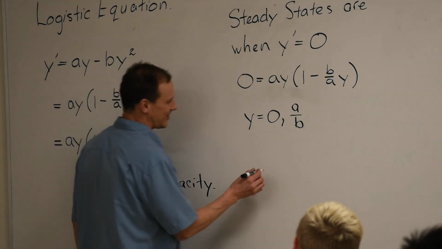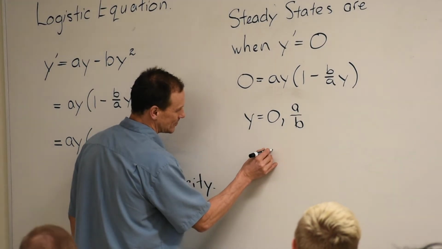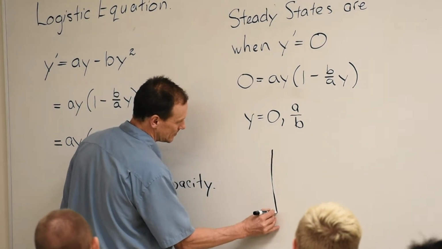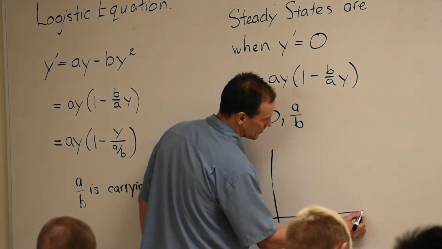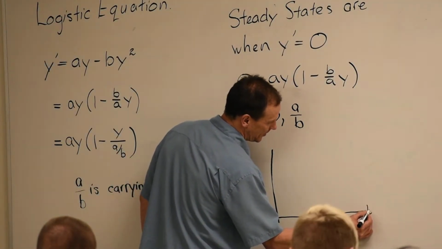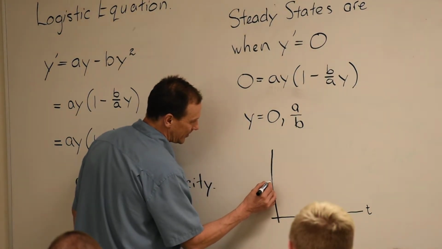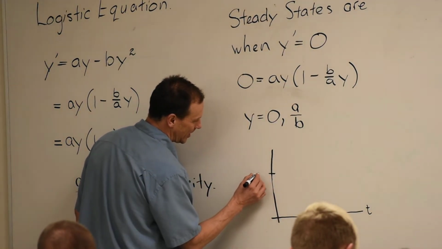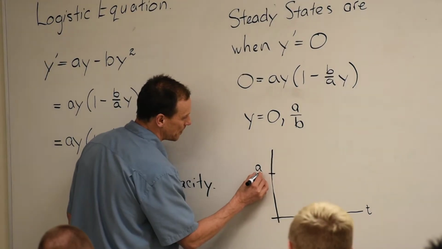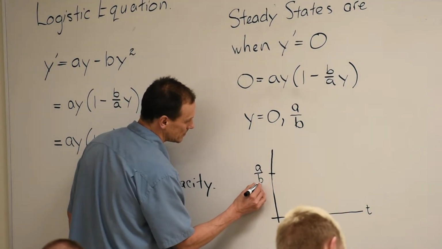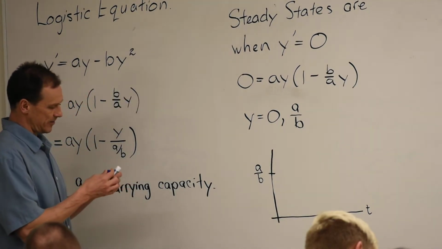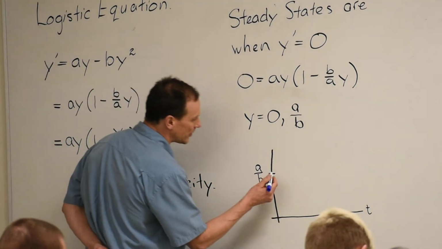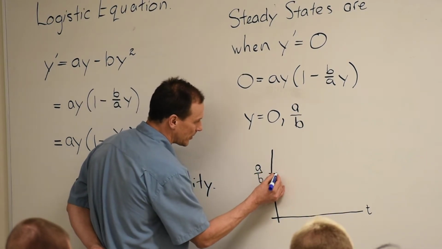And we graphed it like this. We had time here, and we had our steady state, which is right here. This is a over b. And our graph was our steady state.